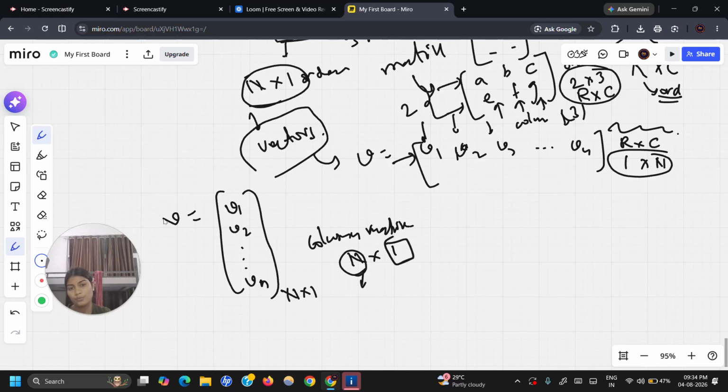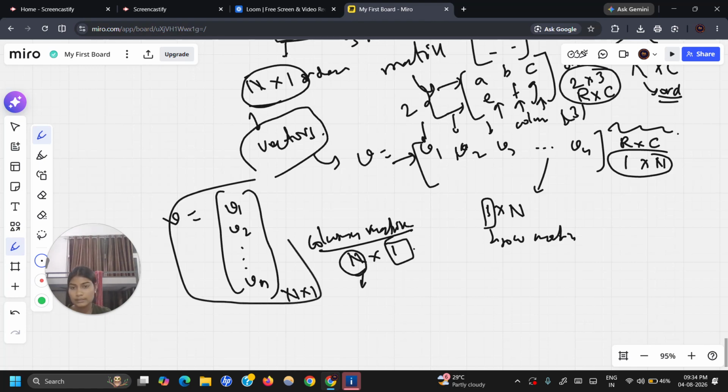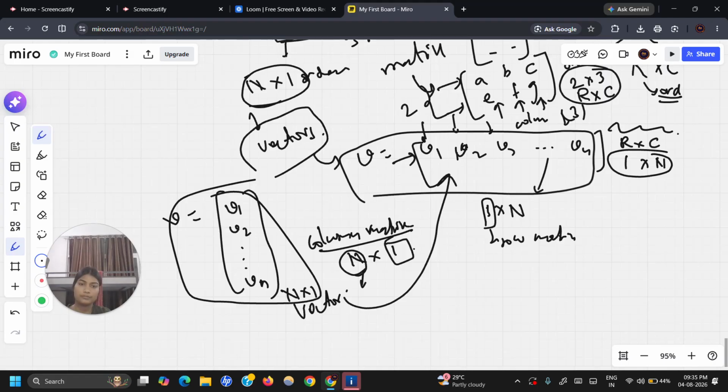If you have only one column, then we call it a column matrix. And if we have one row and n number of columns, we call it a row matrix. So this is a row matrix. This is also a vector. We can also write v1, v2, v3, and so on, vn.